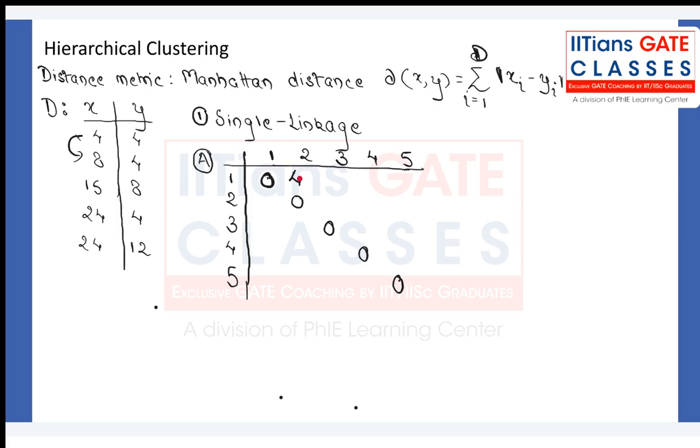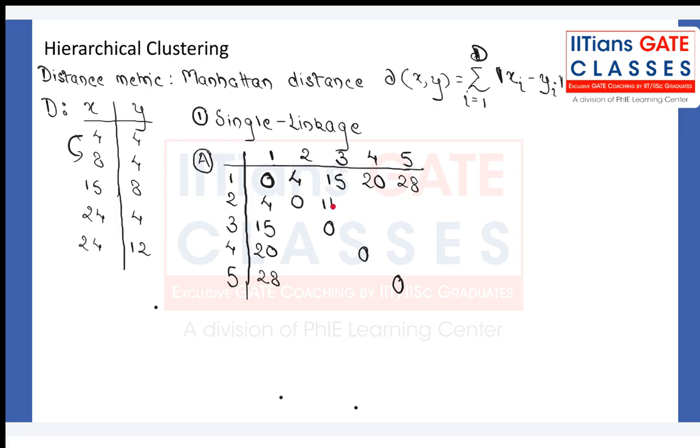Similarly, the distance between 2 and 1 will also be 4. Distance between 1 and 3 is 15, and 3 and 1 is 15. Distance between 1 and 4 is 20, and 4 and 1 is also 20. Distance between 1 and 5 is 28, and 5 and 1 is 28. Distance between 2 and 3 is 11, that is 4 plus 7.